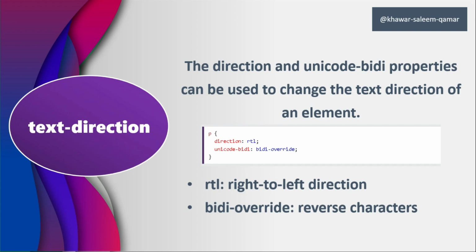For example, the value rtl means right to left. By default, the value for English is left to right, which means it starts from the left side and moves towards the right. If we write right to left, then it starts from the right side. The second property, unicode-bidi, is given the value bidi-override, which means the characters would be ordered in reverse.